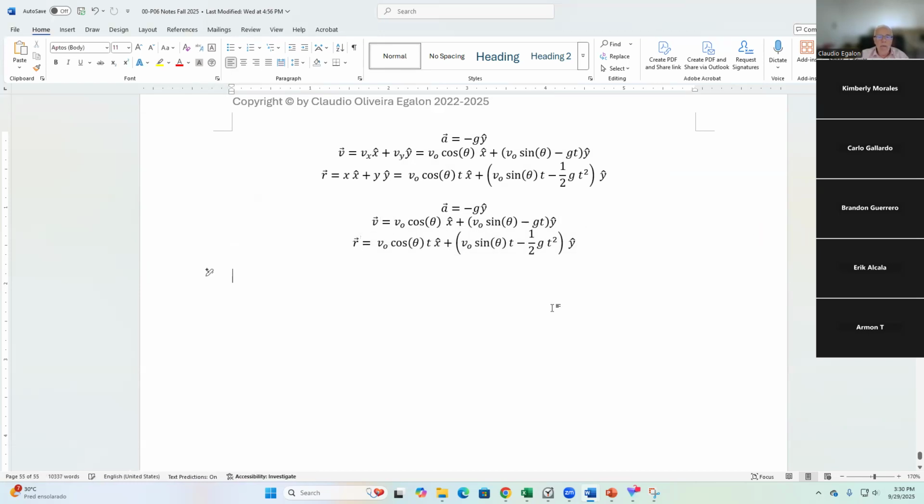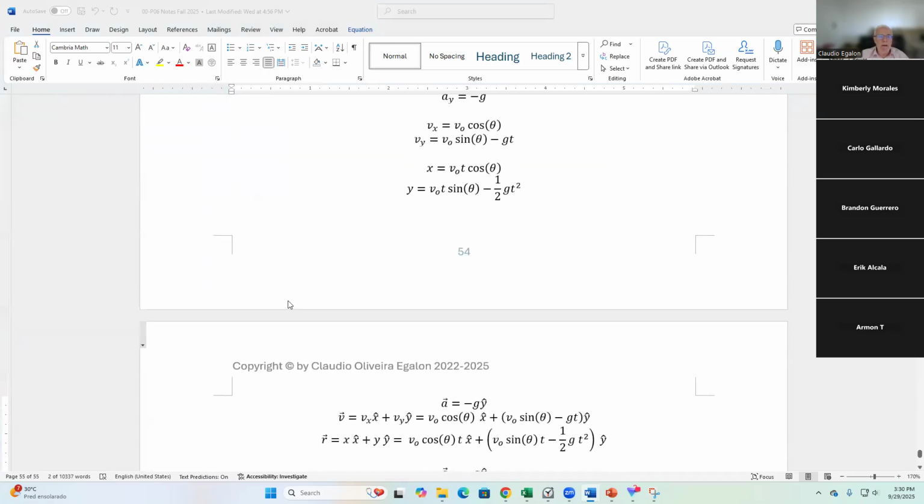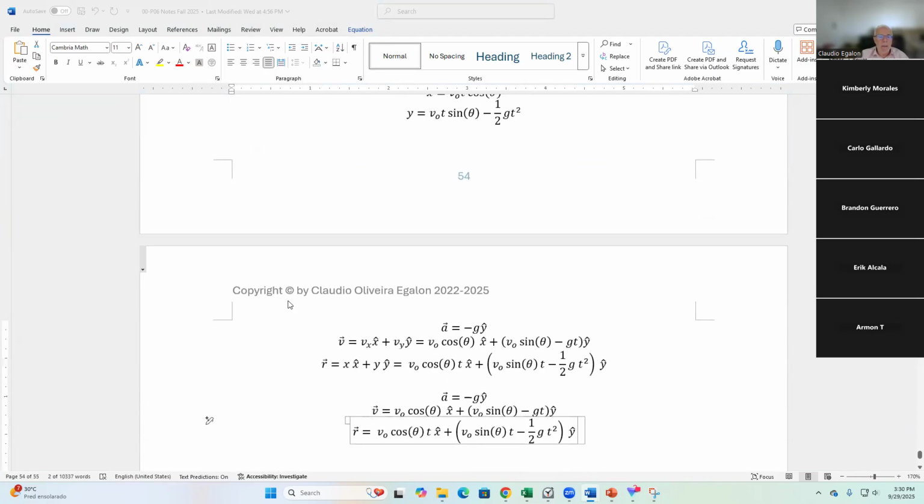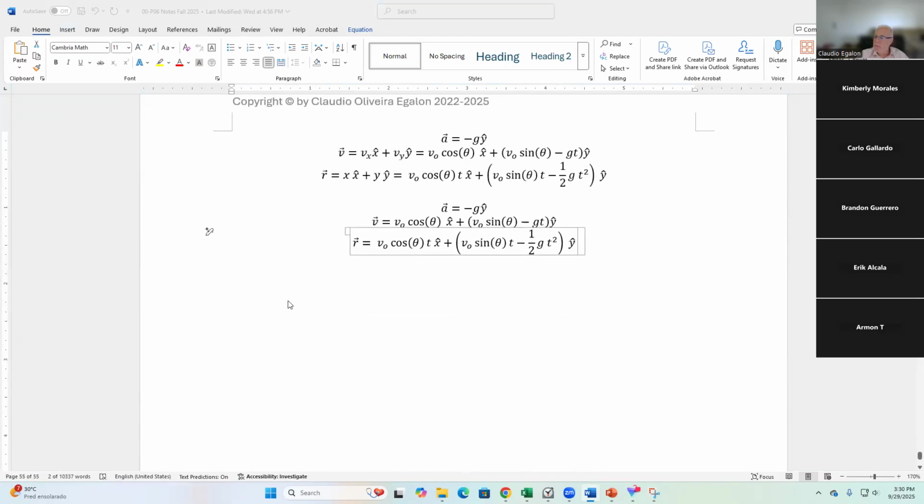So that's what we get. Uniform velocity, uniform motion along the x-axis, accelerated motion along the y-axis. So we came up with the equations of motion, both in scalar form, in terms of their components, and then written down in terms of vectors.